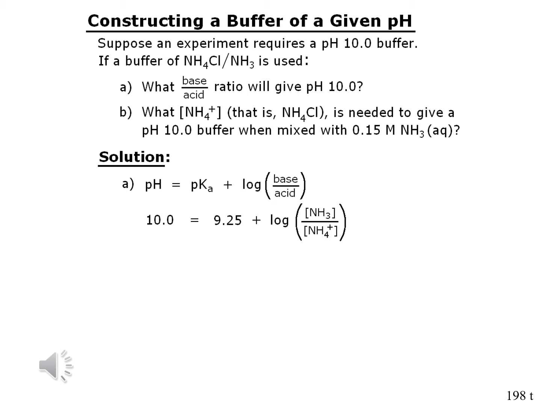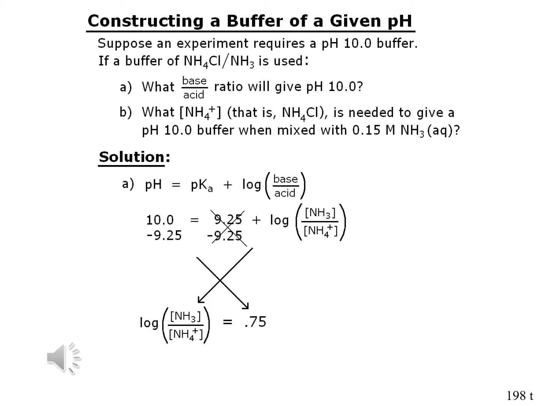And so how'd you go about that? First thing you do is subtract 9.25 from both sides to get the log by itself. The 9.25 cancels, and I put the log on the other side because it's got the variable in it. And if you take the difference on the other side, it's 0.75.